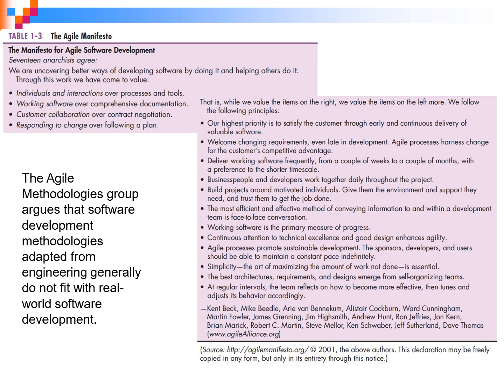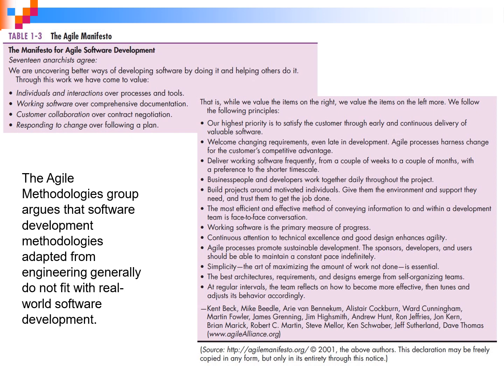So, okay, through this work we have come to value. Okay, number one, individuals and interaction over process and tools. Okay, working software over comprehensive documentation, customer collaboration over contract negotiation, responding to change over following the plan. Okay, so that is, while we value the items on the right, we value the items on the left more.